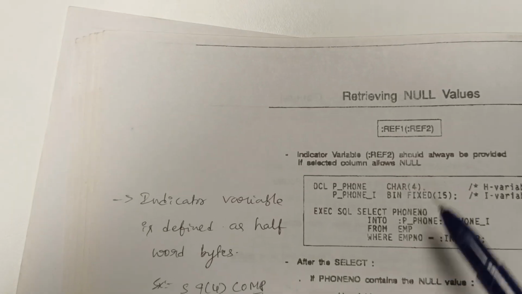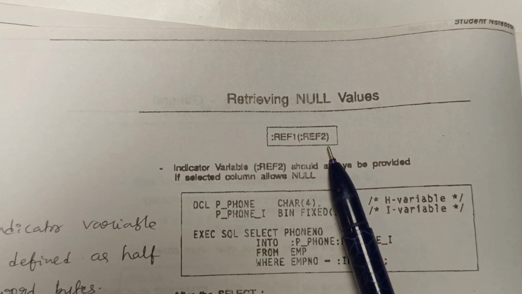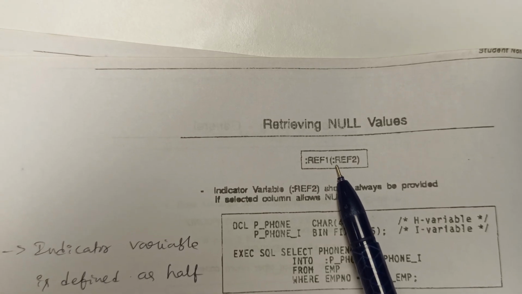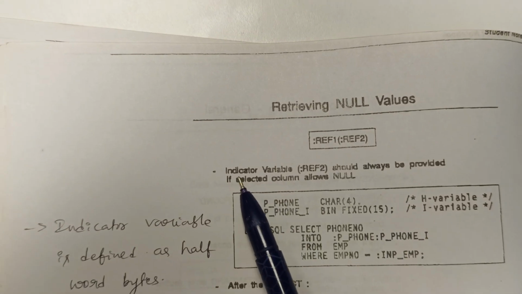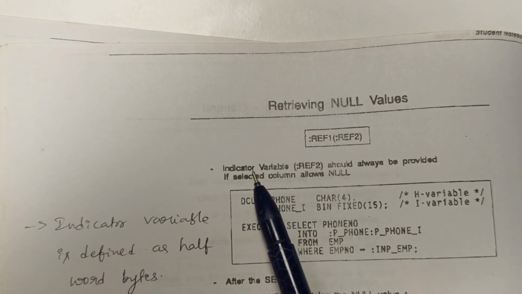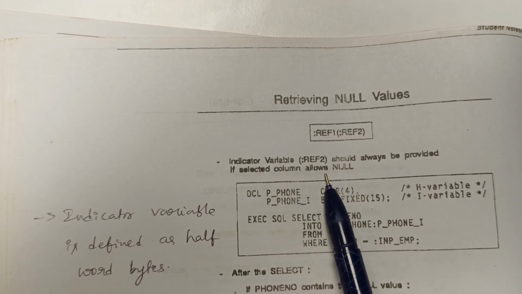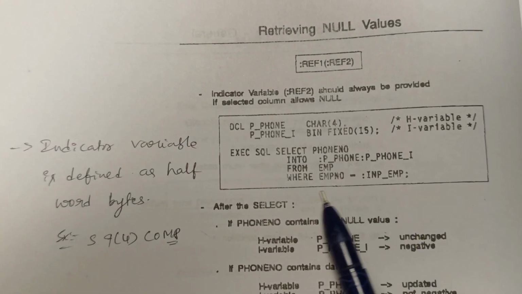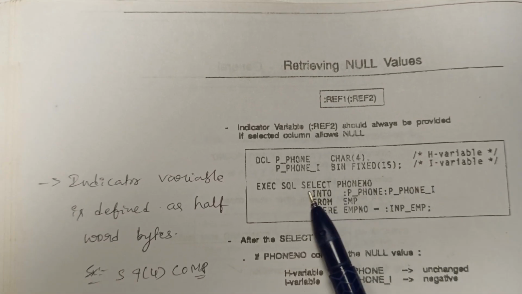To identify the null indicator field, you need to mention a colon and the null indicator field. The null indicator field should be provided only if the selected column allows the null value.